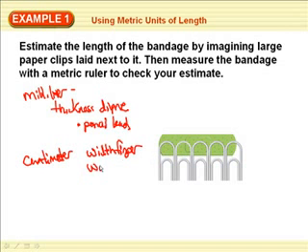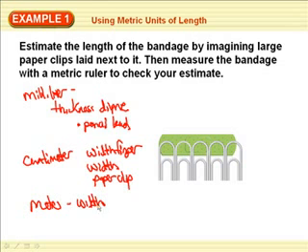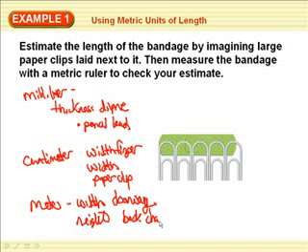They're using the width of a paper clip. And then a meter, I use the width of a doorway. They are using the height of the back of a chair.